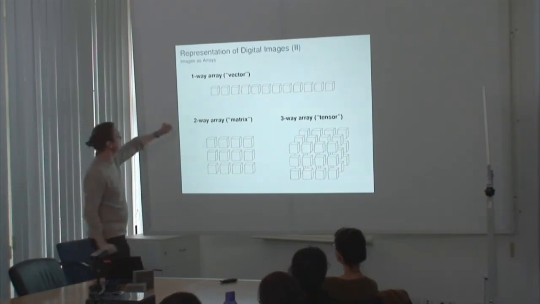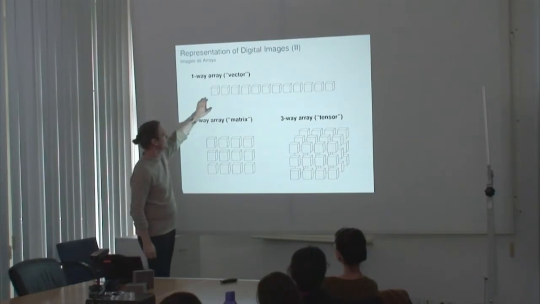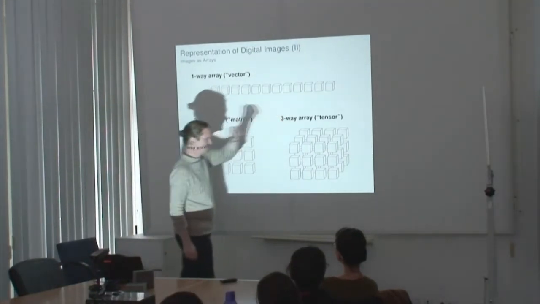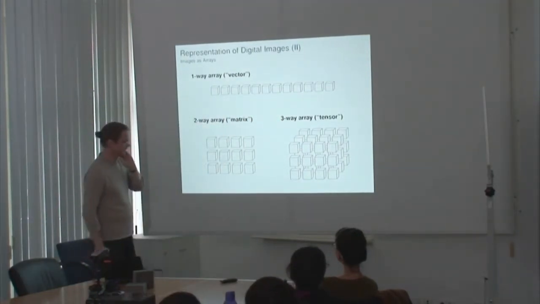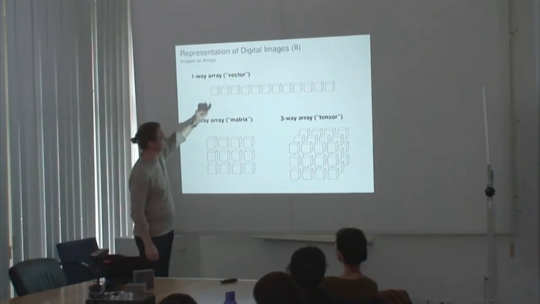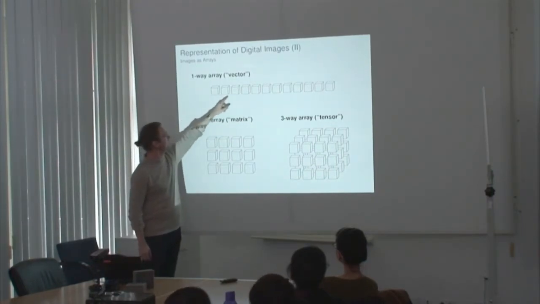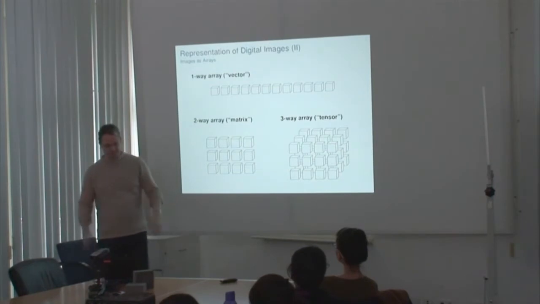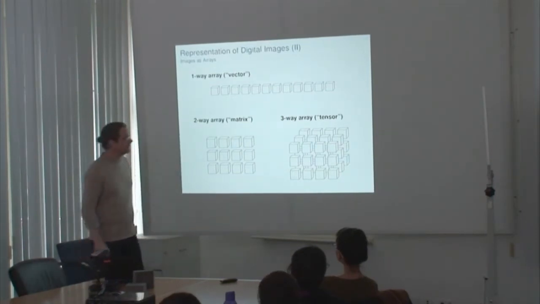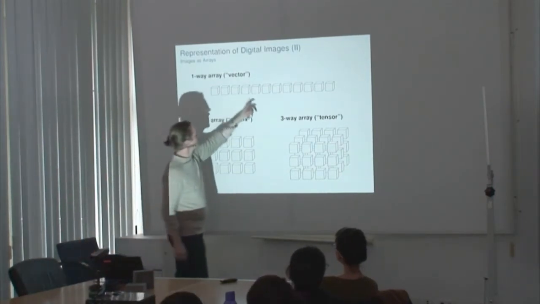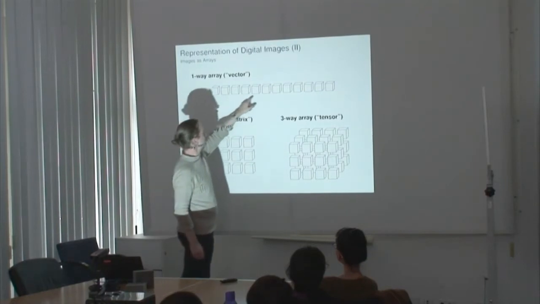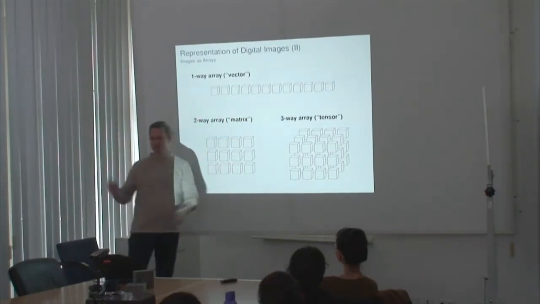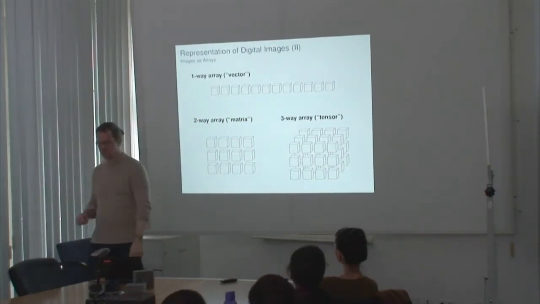A one-way array would be a data structure where we have lots of elementary elements, and there is just one index, say 0, 1, 2, 3, 4, 5, just one index to refer to one of these elements.